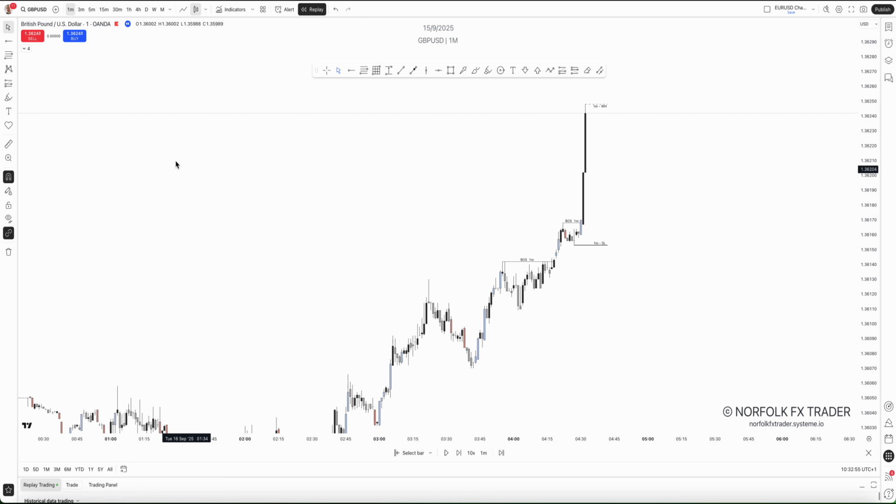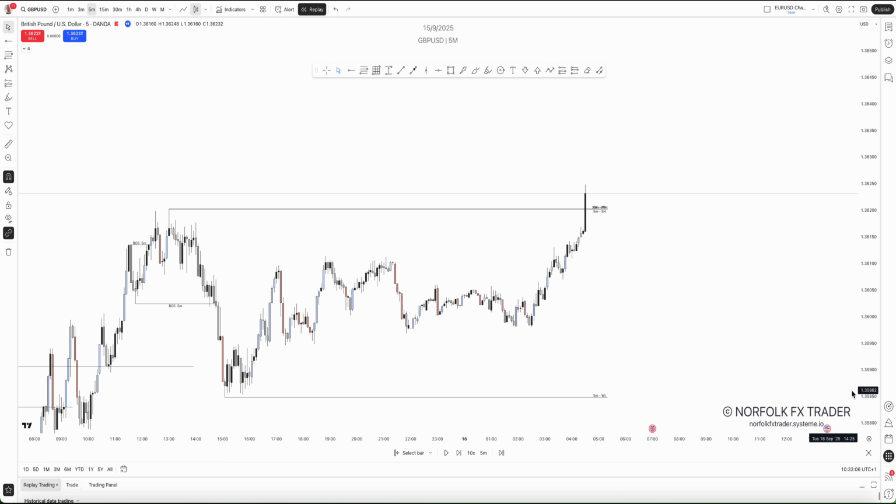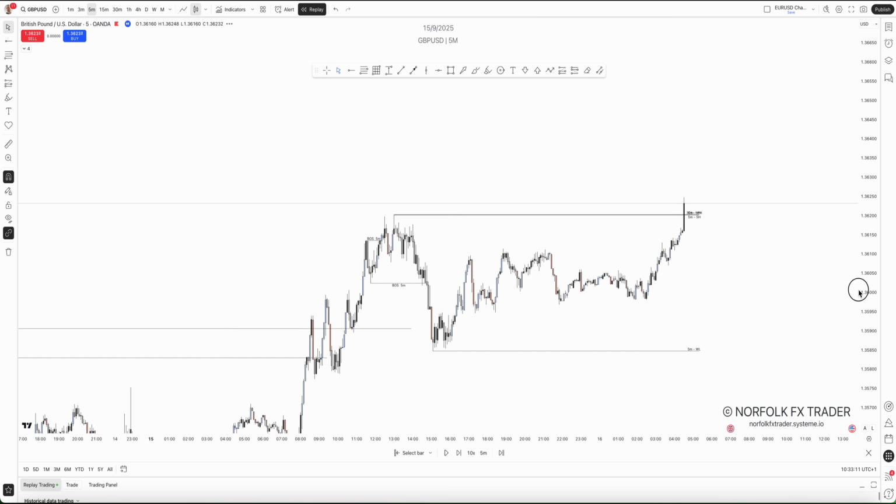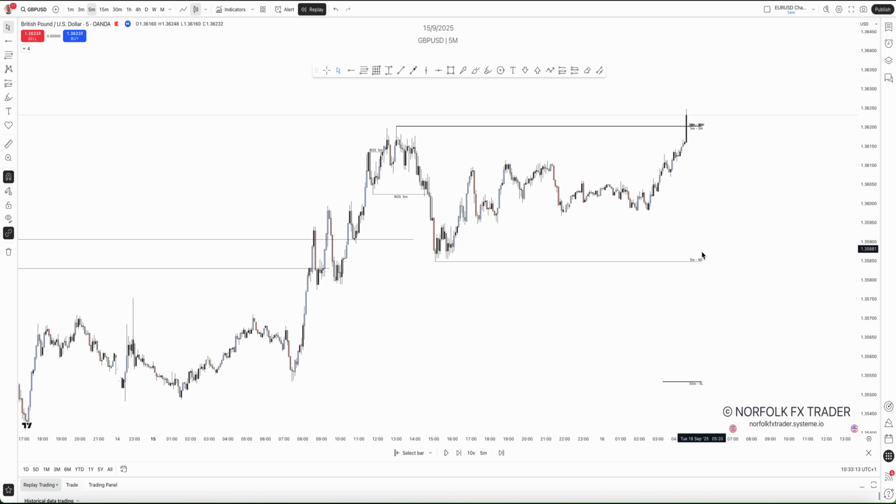Now we can actually look to use this tool and we can add on extra indicators at the same time. And what this will do, if I go now to a 5 minute, I believe, it will plot the higher time frame levels for you. So not only will we see here our 5 minute break of structure, our 5 minute low, it gives you a 30 minute low.